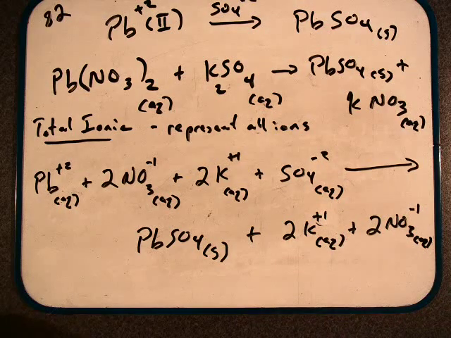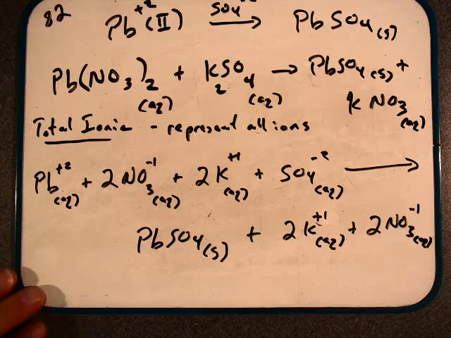And that is our total ionic reaction. We're showing every ion that is present. We're showing them separate in their positive and their negative forms. The only one that is not in that ion form would be the precipitate lead sulfate, which is a solid. So that's our total ionic reaction.